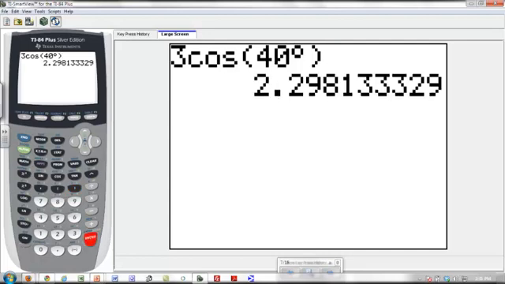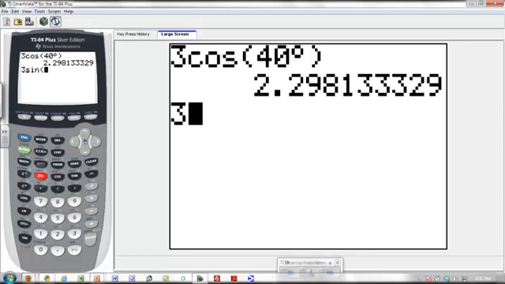That will give me the answer without having to switch back into degree mode. All right? So we think the x component of that vector is 2.298. And our standard is to present 3 decimal places, unless otherwise told.